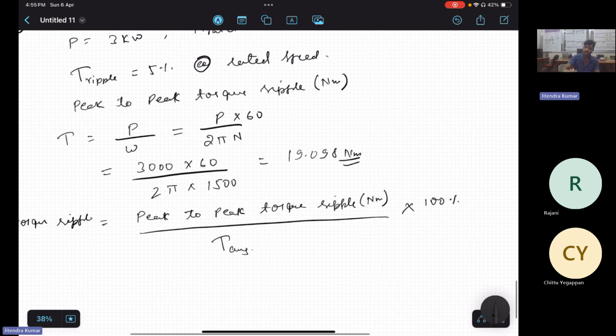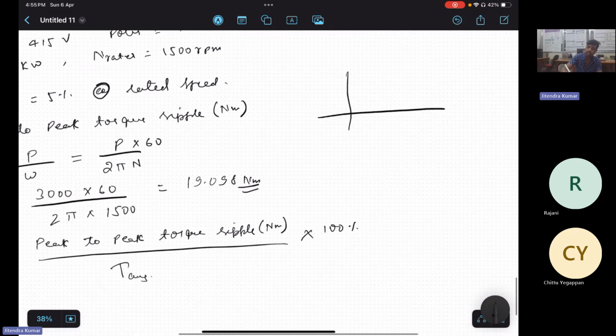Percentage is nothing but, see, suppose you have this kind of waveform of torque. This is the peak to peak. If it is said to be 5%, it means T1 minus T2 divided by the average, into 100%. So this is what is meant by percentage of torque ripple, right?